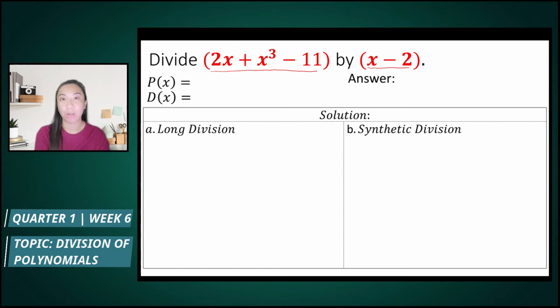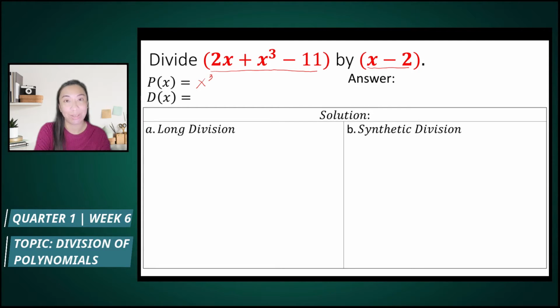If you recall the process earlier, we have to make sure that both the dividend and the divisor are written in standard form. Upon checking, 2x plus x cubed minus 11 is not written in standard form. If we write it in standard form, our p of x will be equal to x cubed, followed by x squared.